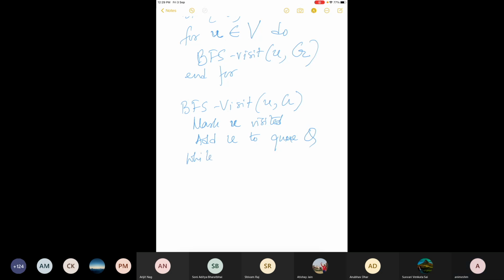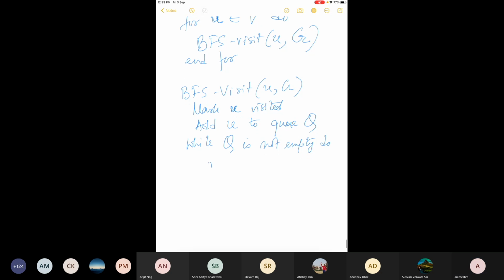While Q is not empty, let's set V as the head of the queue.